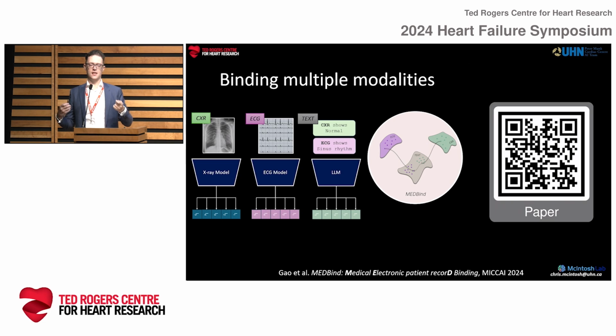So can I get it such that if I were to show a model your X-ray, a different model your ECG, and a different model your report, all of them would actually look like the same set of numbers? The model would understand that it's your X-ray, your ECG, and your report, that they were all paired together as opposed to being random things just off in space. And if you want to see the paper, there's a QR code, and you can go through there.